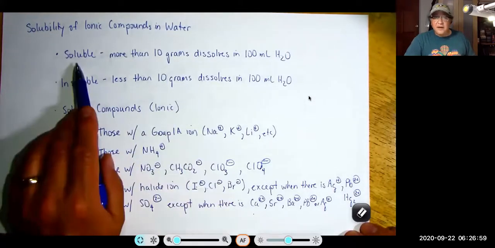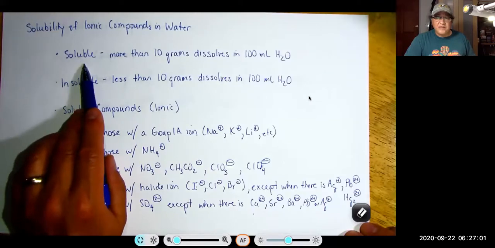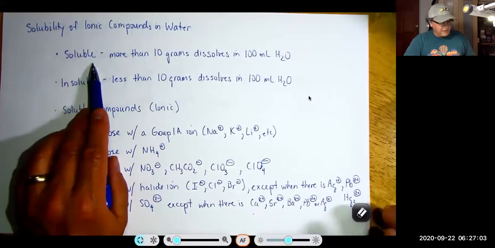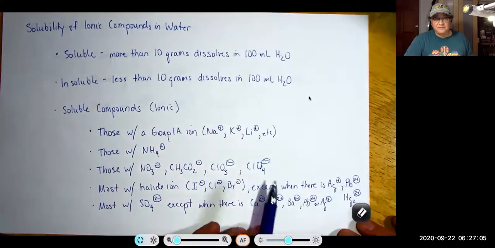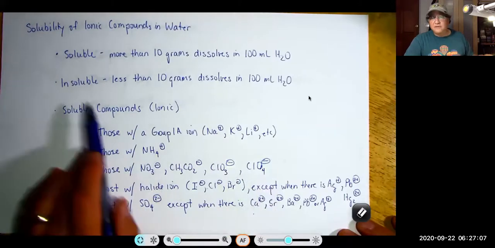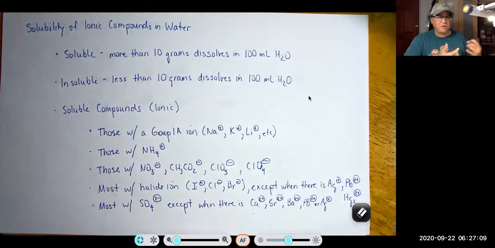An ionic compound is considered to be soluble in water when 10 grams of it dissolves in 100 milliliters of water. It's insoluble if less than 10 grams dissolves. It's kind of an arbitrary cutoff. This is kind of to tell you that all ionic compounds are somewhat soluble in water, but we consider the cutoff to be around 10.